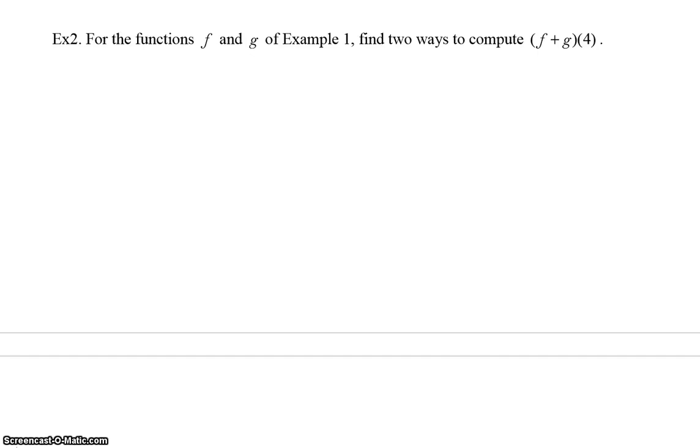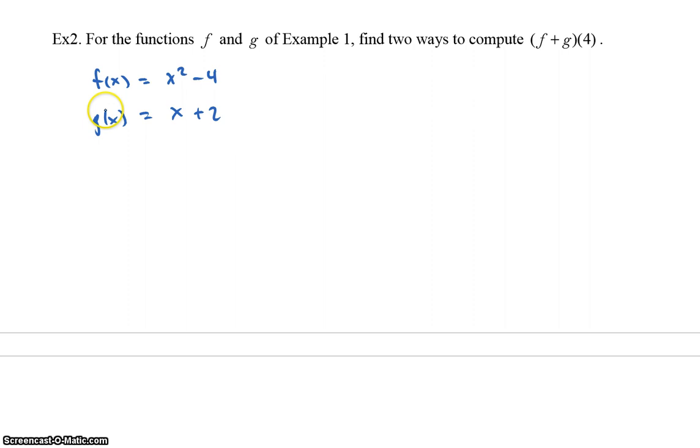Now looking at example 2, for the functions f and g of example 1, find two ways to compute f plus g of 4. Recall that in example 1, f of x is x squared minus 4. G of x is x plus 2.